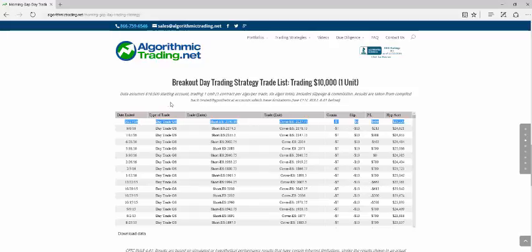We still list this as backtested hypothetical because we have to show the lowest common denominator, which is backtested. But just keep in mind, if you see the slippage is 0 on some of these reports, it's because we took it from the actual broker statement that we received.